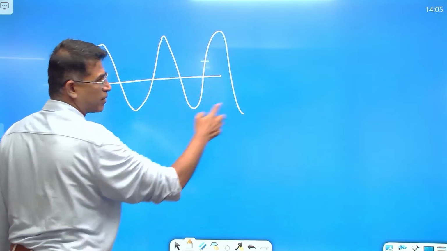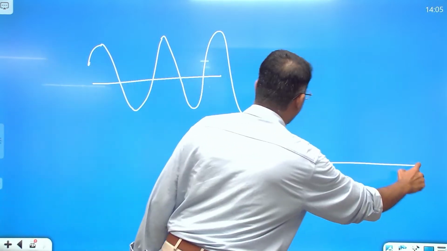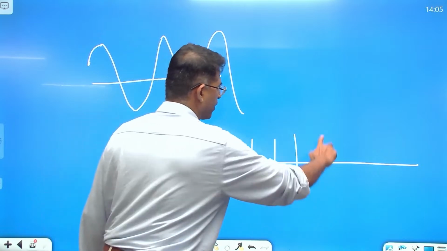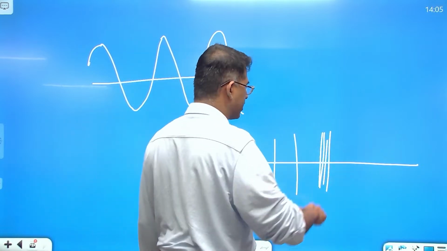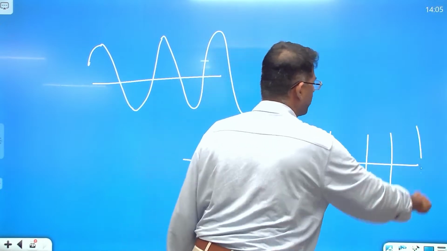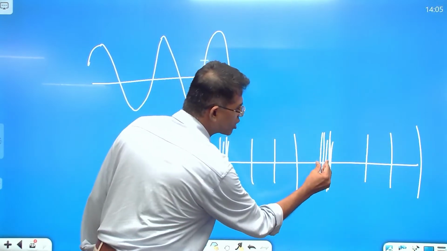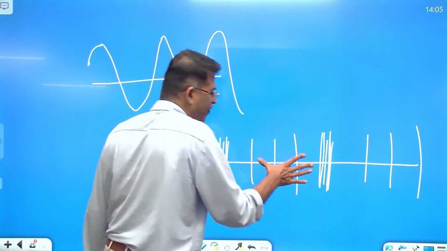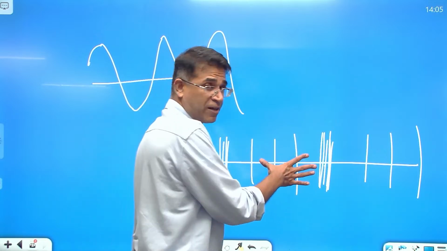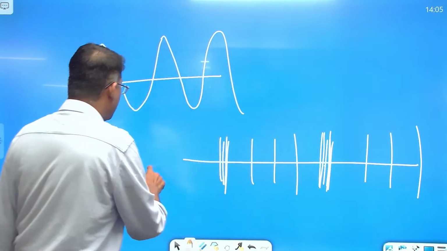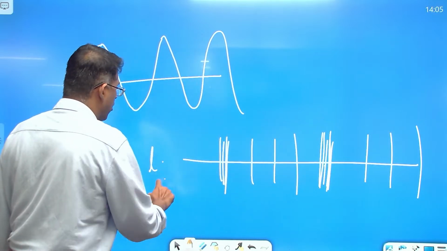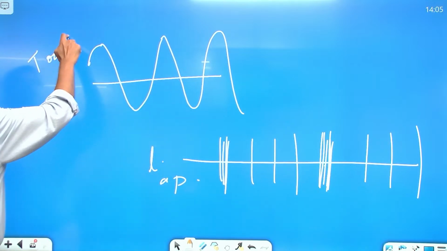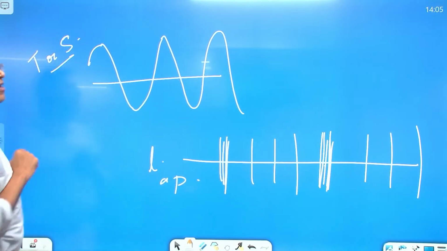They move like this. In the longitudinal ones, the particles can come together or they can be far apart. We call this compression, we call this rarefaction. So compression, rarefaction, compression, rarefaction. That's how the longitudinal or the primary waves behave, and that's how the transverse or the S waves behave.